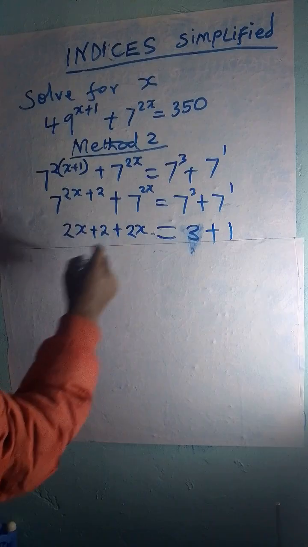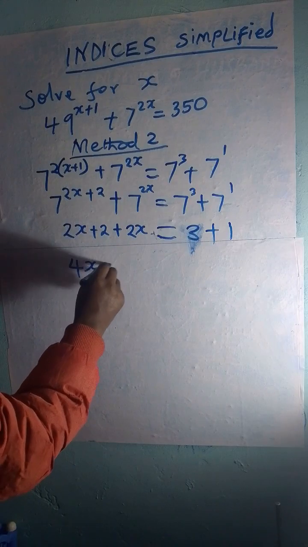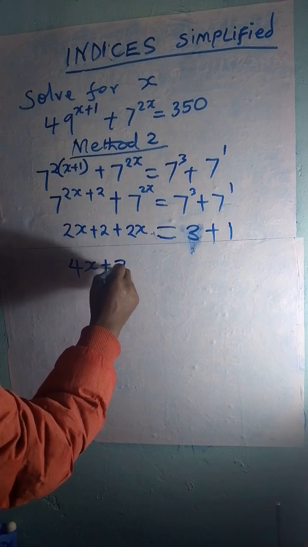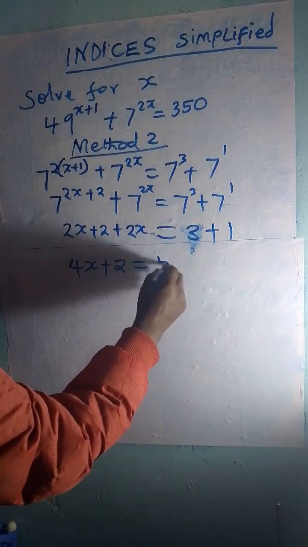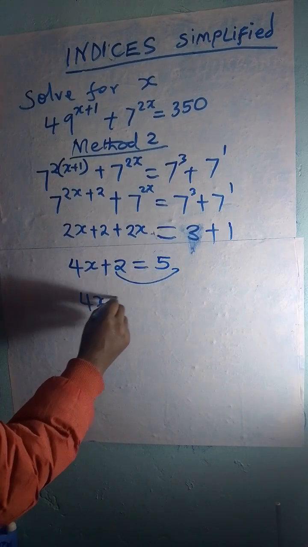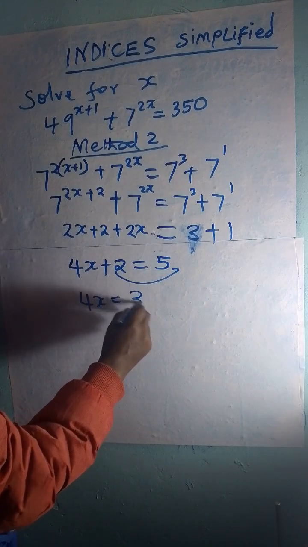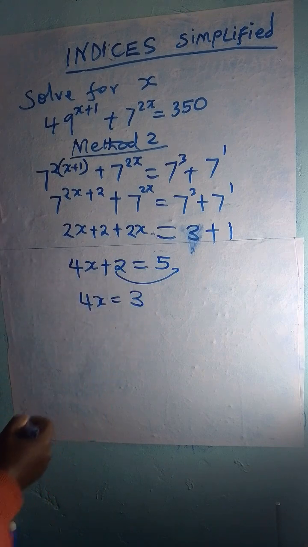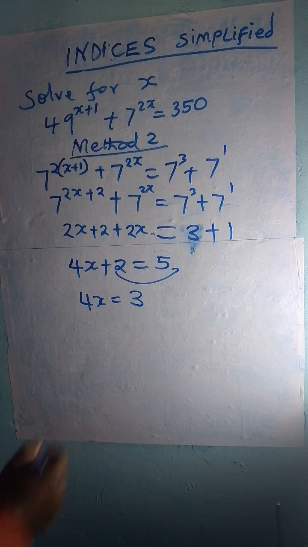So 2x plus 2x, that is 4x, plus 2 equal to 4. Now like terms together, 4x is equal to 3 minus 2. Yes. Right.